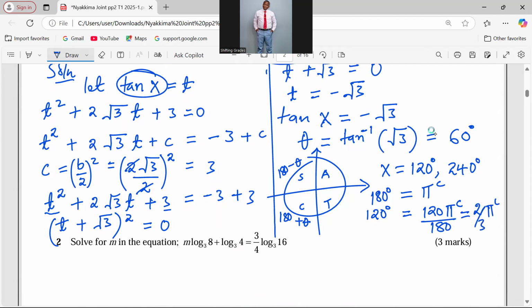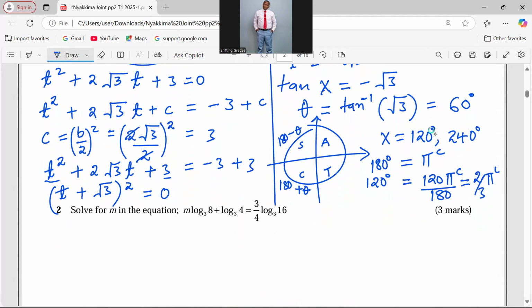pi radian. Then the other one will be 240 over 180 pi radian, which will simplify to, when we take 240 divided by 180, this is giving me 1 1/3 or 4/3 pi radian.